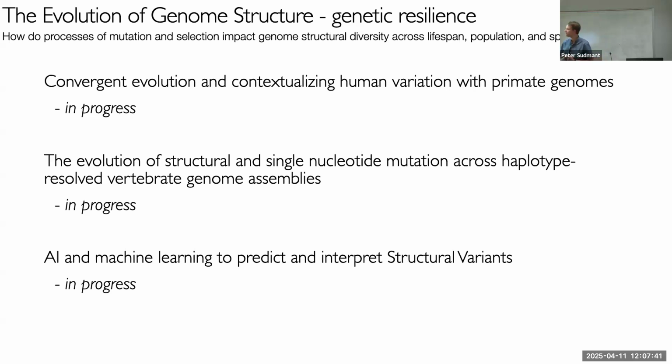I don't have to sell that, I don't think. I want to talk about how we can extend that from primates to looking across the entire clade of vertebrates, which has been really exciting. Then we'll return to this question of mutational profiles. Finally, I have just a tiny snapshot of this AI project that we have right now, which is kind of blowing my mind. I don't fully understand it, but I'm really excited about it. That's what I'm going to try to tell you all about.